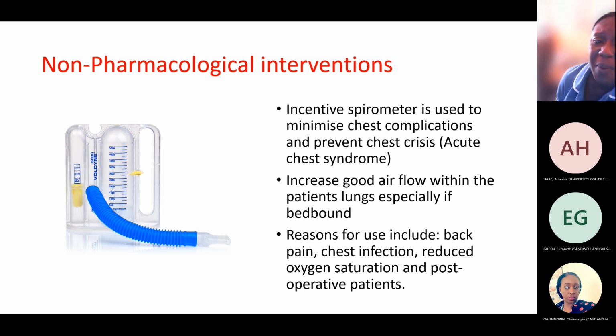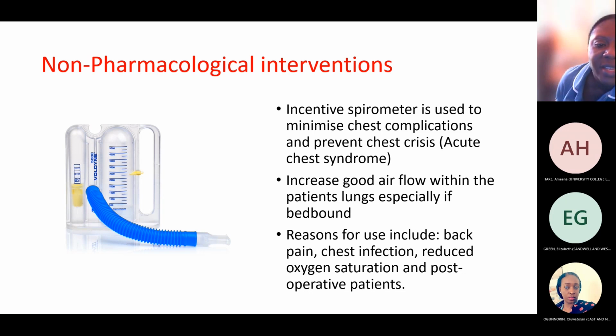When you're encouraging patients to do the incentive spirometer, it's important that we get their pain controlled. You're definitely not going to get a patient who's got a lot of pain in their chest to do the incentive spirometer. So sometimes we give them pain relief first before we encourage them to use it. That's good food for thought.